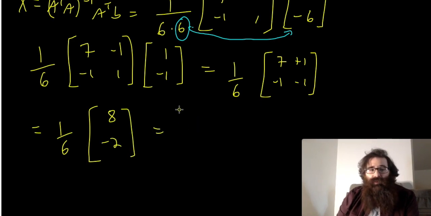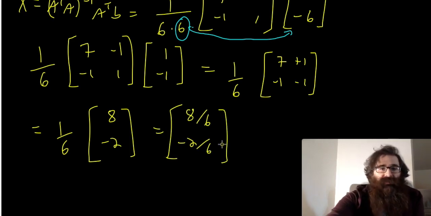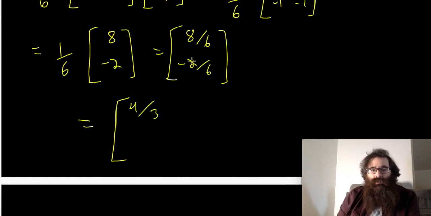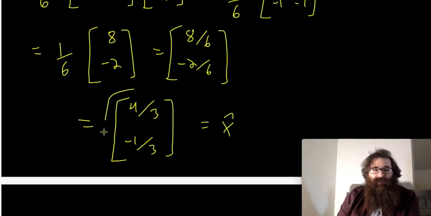And I can go ahead and bring that 1/6 in. So I get 8 over 6, and then minus 2 over 6. But then now we would say, hey, reduce this. Yeah. So here I can divide the top and the bottom by 2. It's going to give me 4/3. Here I can reduce by 2 as well. It gives me -1/3. And that is our vector x hat.